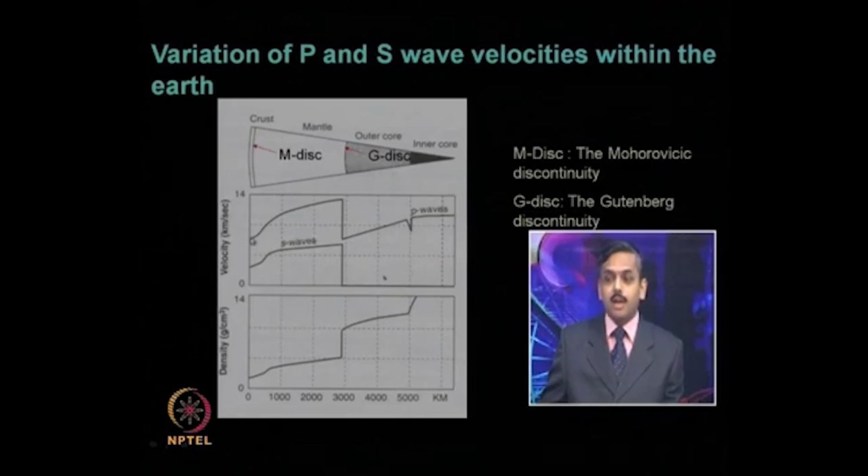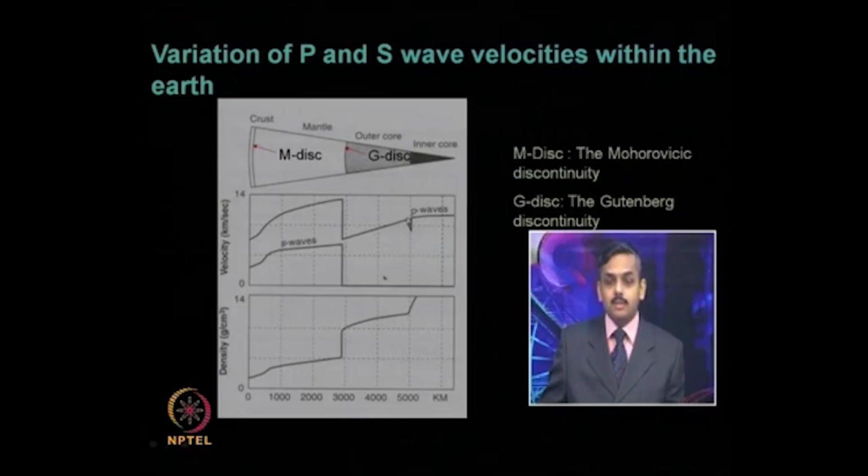So, crustal velocity is about 6 kilometer per second, and this velocity of P wave keeps on increasing as we go deeper and deeper in the earth's layer. Whenever there is a discontinuity, there is a little jerk in this curve, as you can see. After that, again a smooth line. Then when it reaches the G discontinuity, or Gutenberg discontinuity, between mantle and outer core, there is a drop in the velocity of P wave.